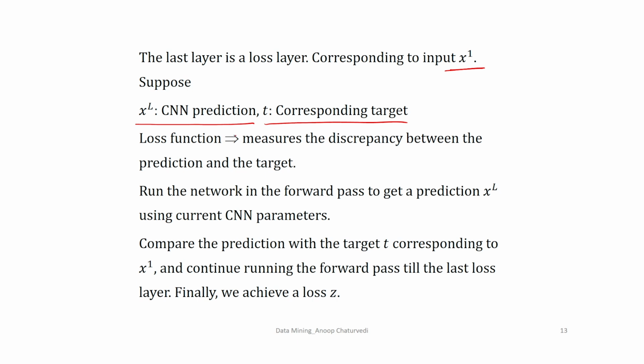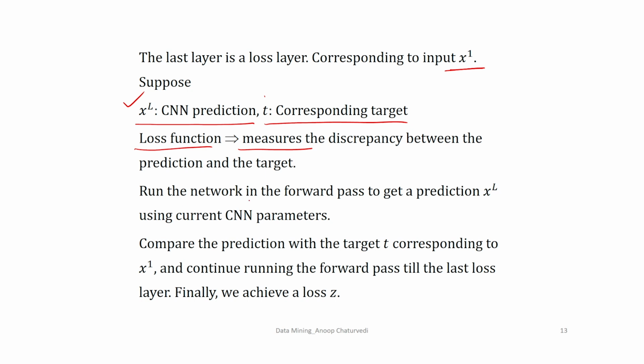Then the loss function is actually the measure of discrepancy between the prediction and the target. So, this is the target value and this is the predicted value which you have obtained using CNN. And obviously, you may have some discrepancy between the prediction and target, and then you obtain a measure of discrepancy between the prediction and target, and this gives you the loss function.